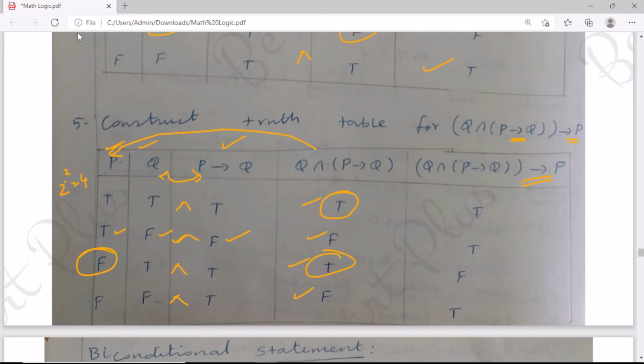So true, false means false here itself, and all the other cases have the truth value true. Look at this: this is the first thing you have to look at, and this is the second one. There are two true values here, corresponding to these two we have true for the first one and false for the second one. So for this possibility only we have false, and all the remaining are true only.